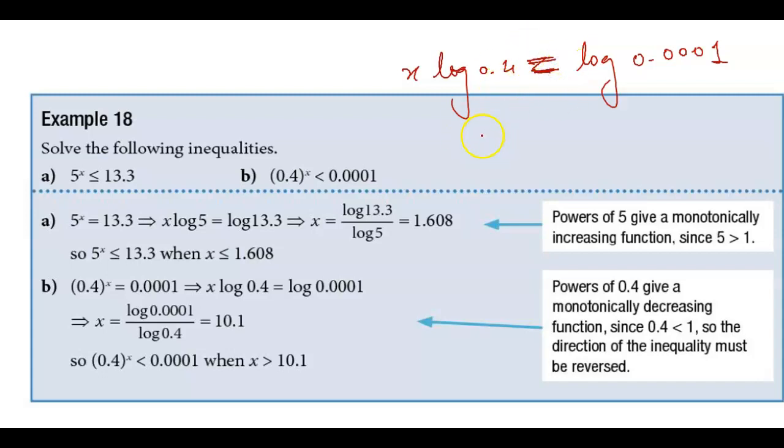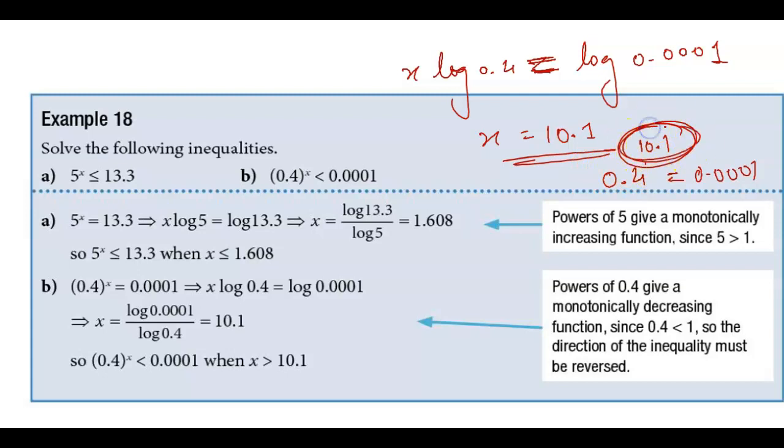When you solve this, you will get x equals 10.1, right, children? If it is 10.1, 0.4 raised to power 10.1, your value will be approximately equal to 0.0001.